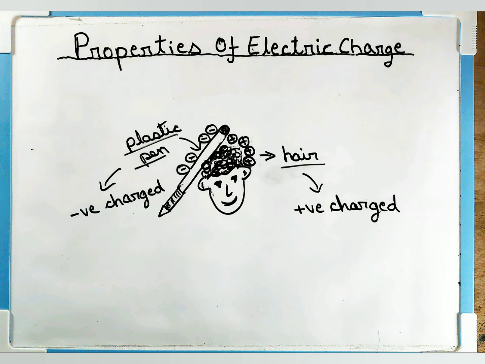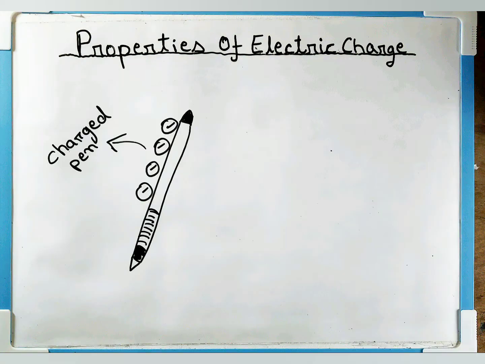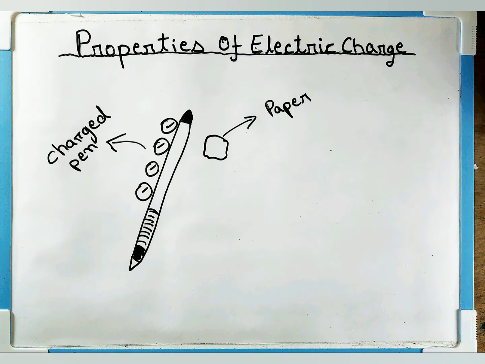For example, the pen here is negatively charged because it gains electrons, and my hair is positively charged since it loses electrons.